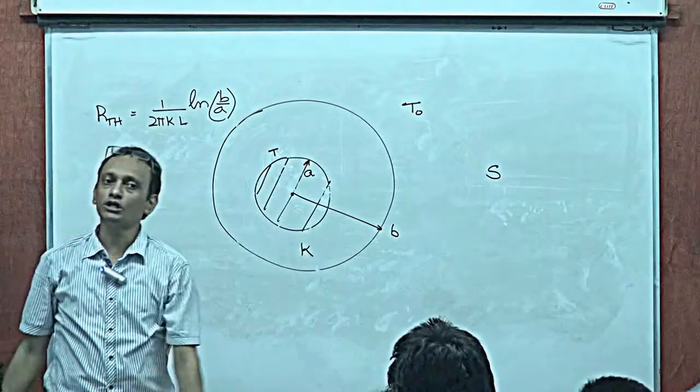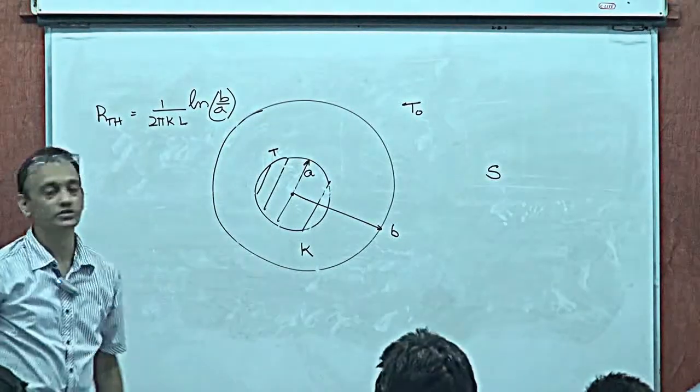1 by 2 pi KL log B by A is the thermal resistance of this.